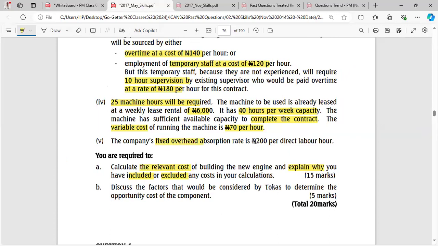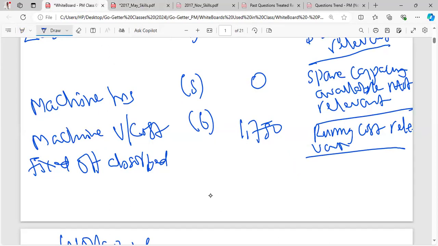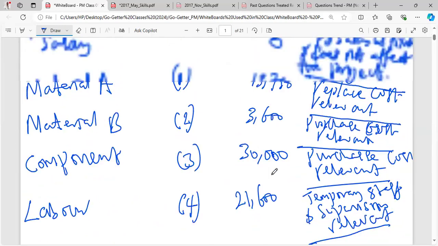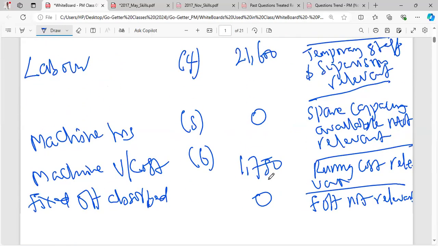We are told that it is 200 naira per direct labor hour. We know that fixed overhead is not relevant. So I'm going to put a 0 here. So it means we have how many zeros here? We have about 3 zeros here.